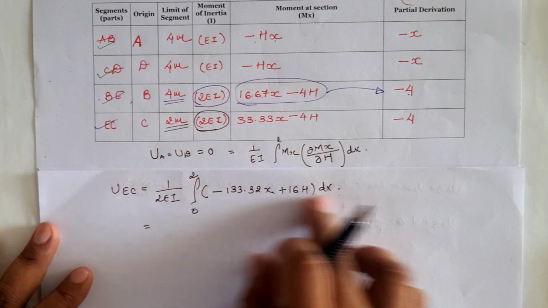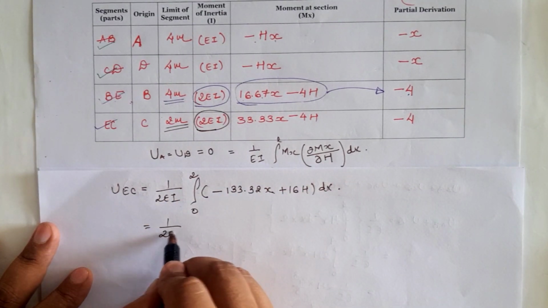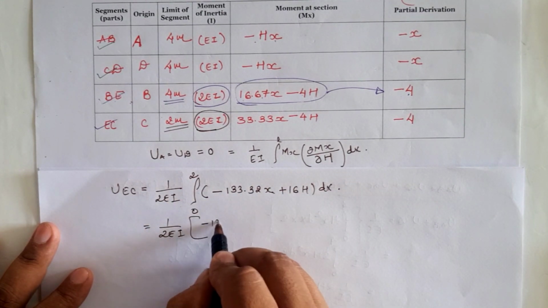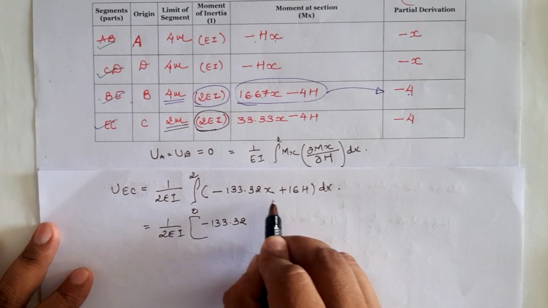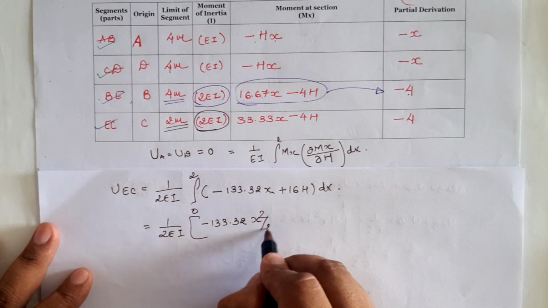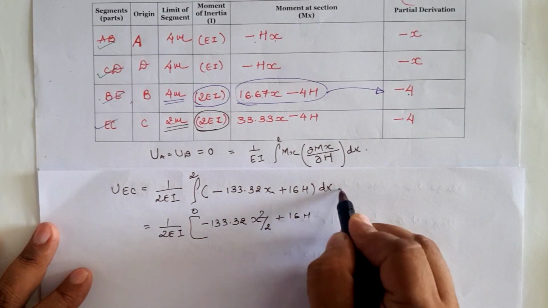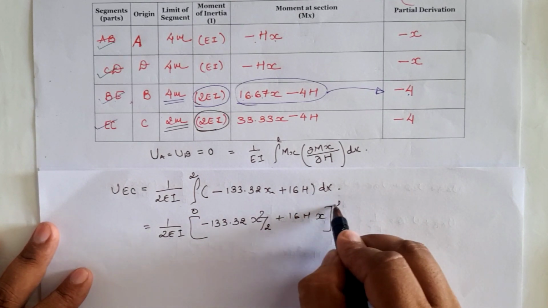Now integrating this term with respect to dx, we have x dx integration as x square by 2 and constant dx as x, with limit 0 to 2.